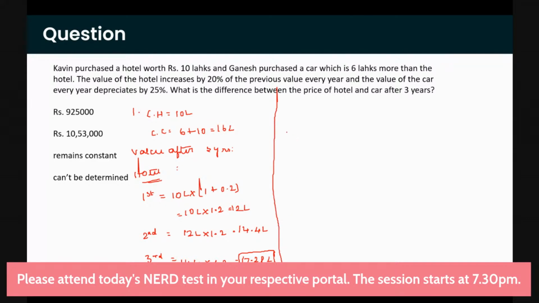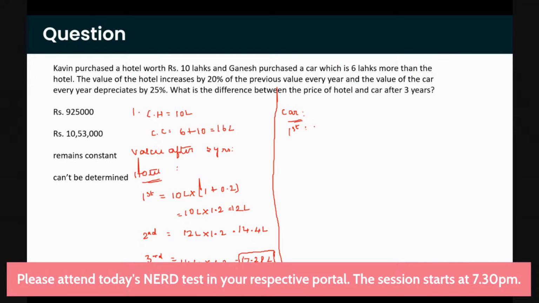Okay, so we have calculated the hotel's value. Now we are going to calculate the car's worth at the first year. The value of the car depreciates by 25% every year. Depreciate means it decreases by 25%.